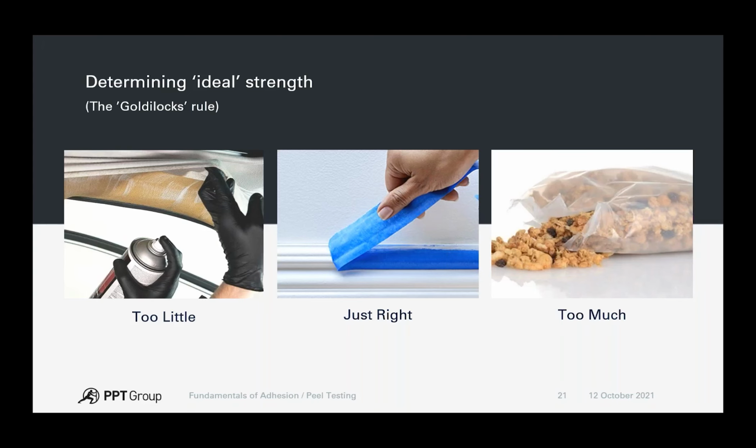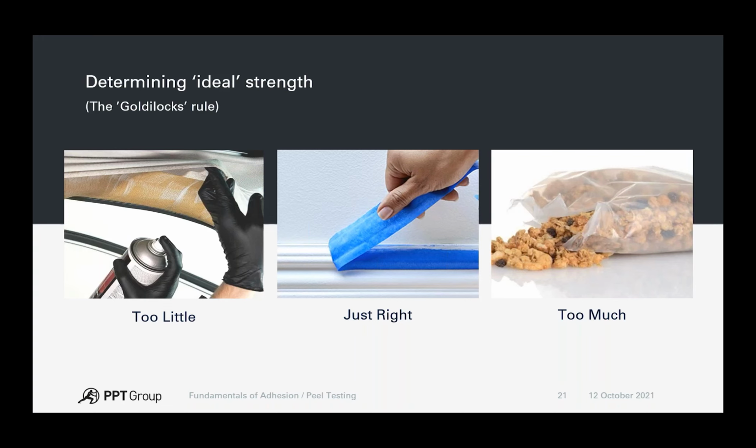So the objective of peel testing, as with all types of physical testing, is to identify and define the ideal strength. To help us identify that unknown value, we use what we call the Goldilocks rule to determine it. So what is too soft, too hard, or just right?